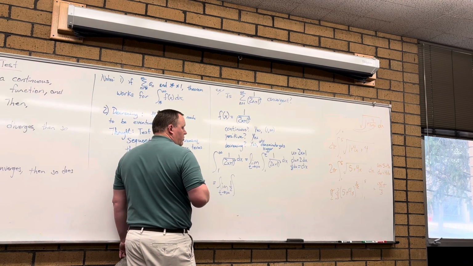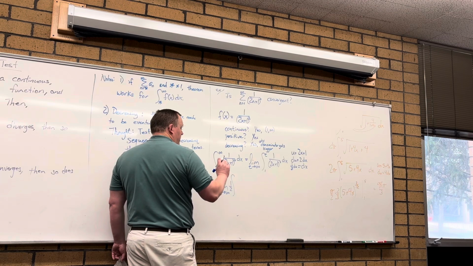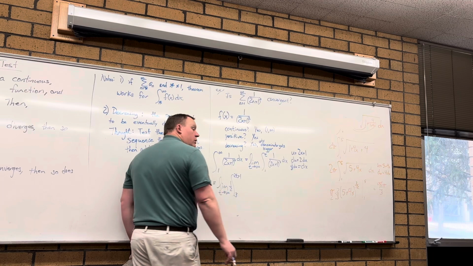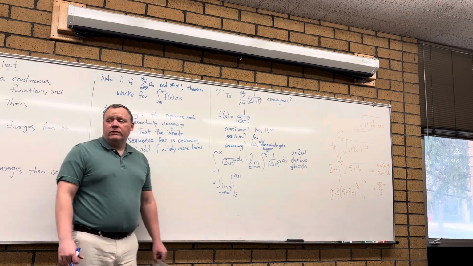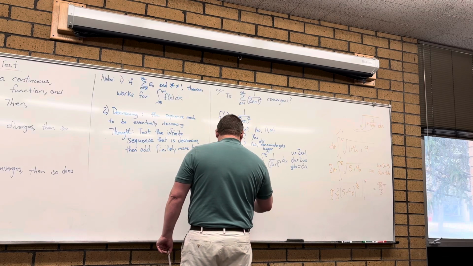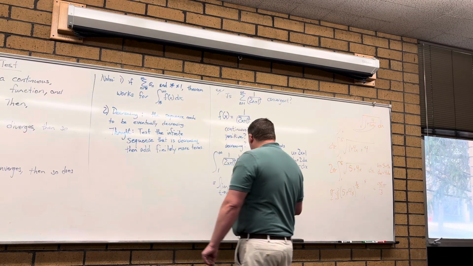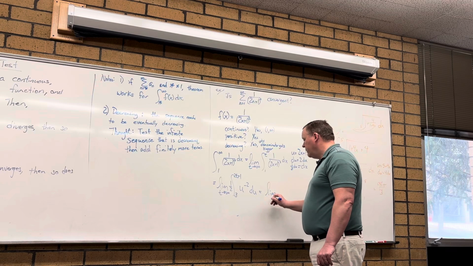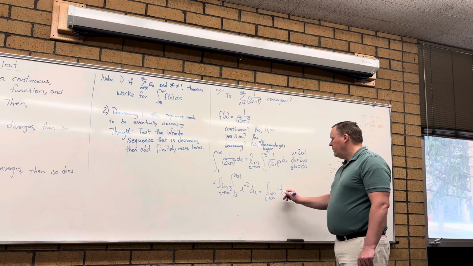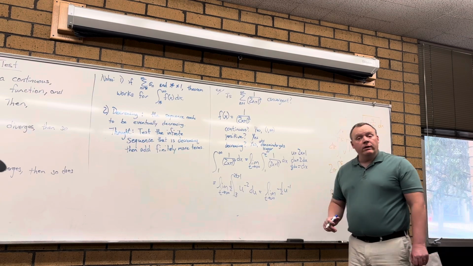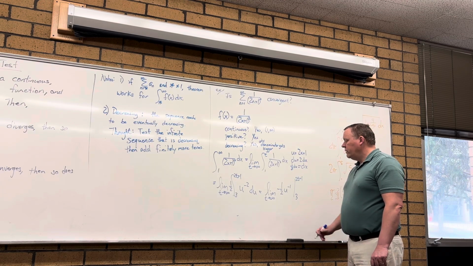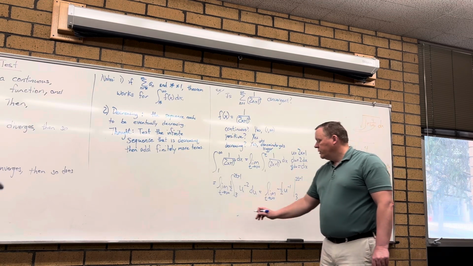When I plug in 1, 2x plus 1 would give me 3. When I plug in t, it would give me 2t plus 1. There's my 1/2 du. So when I integrate, I'll have u to the negative 1, still evaluating from 3 to 2t plus 1.